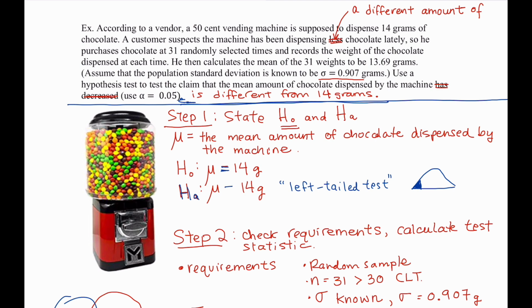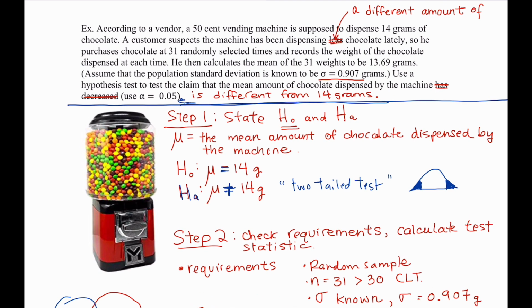So this would just be a not equal, and you could interpret that as it could be less than or it could be greater than. It's just not equal. In this case, we would call this a two-tailed test. And when we calculate the p-value, we're going to be calculating the area in two tails.